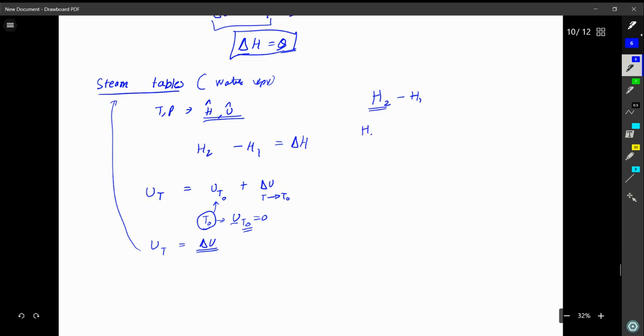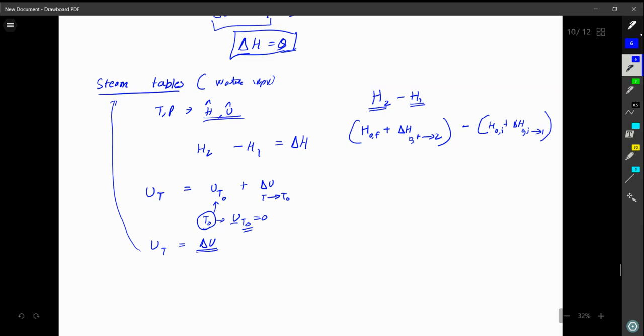So let's say H naught final, which is the reference, plus delta H from naught final to 2, minus H naught initial, meaning from the place where I have picked up H1, there H naught is defined at the temperature H naught initial, plus delta H from naught initial to 1.